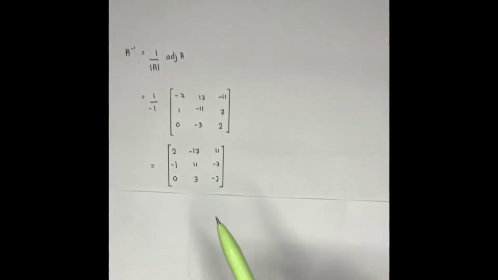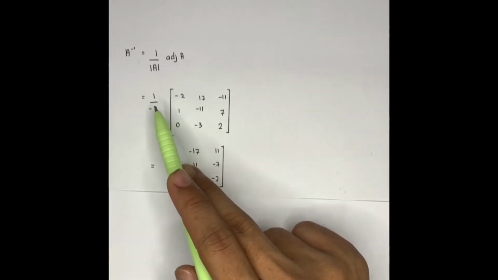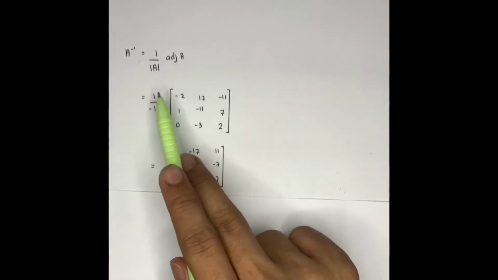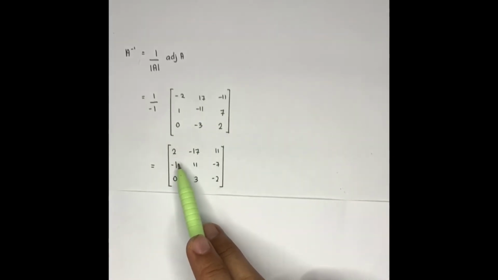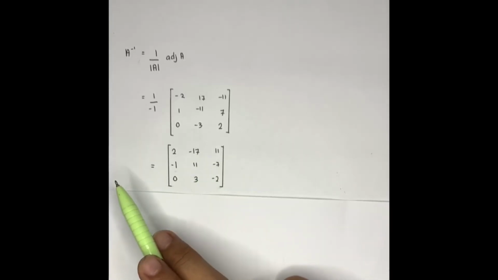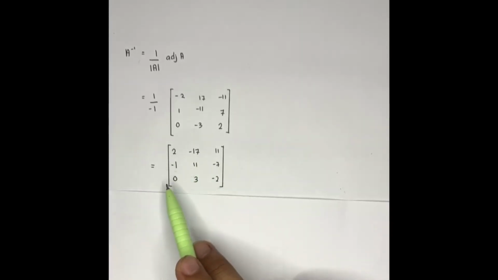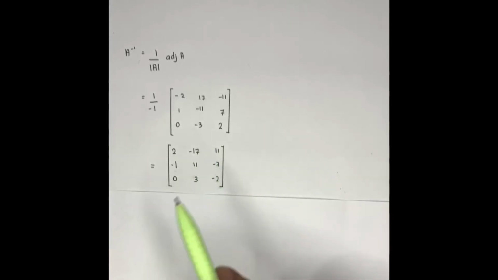So you solve this multiplication, which is negative 1 multiplied by all the values, and I will get this: 2, negative 1, 0, negative 11, negative 17, 11, 3, 11, negative 7, negative 2.